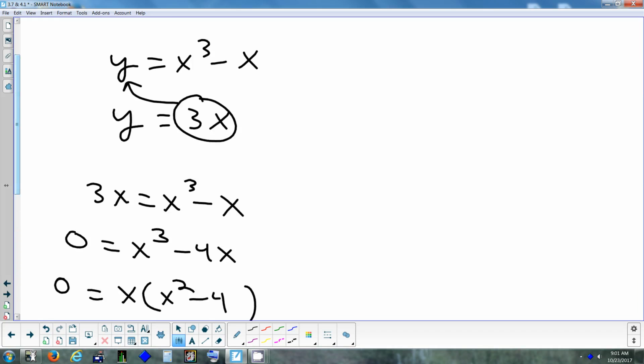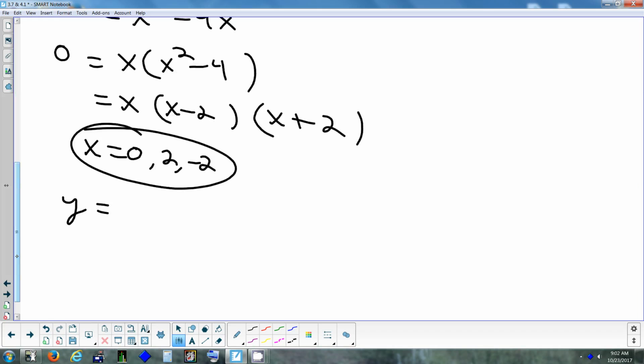Does it matter which equation I use? It shouldn't if I found the correct x's. So let's just use y equals 3x. So basically just triple all your x values. So we get 0, 6, negative 6. If you're going to write it like that, it's probably a good idea to write them in exactly the same order.